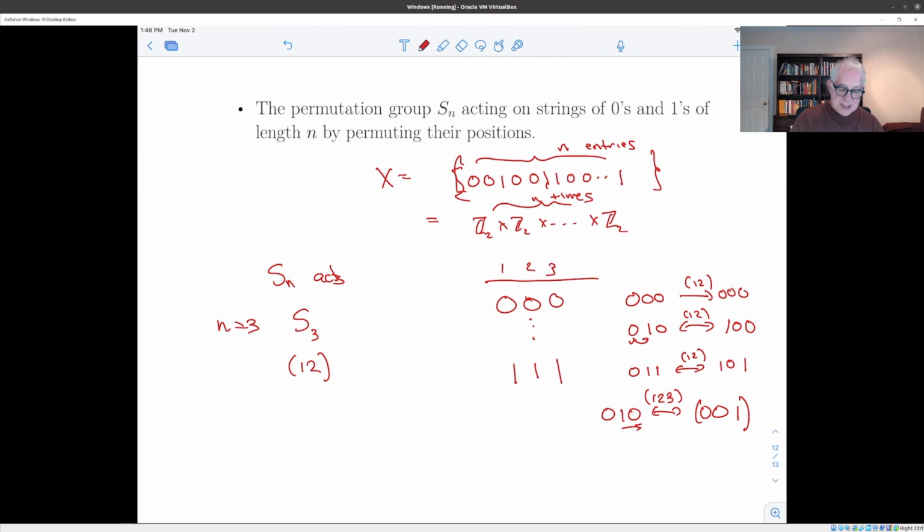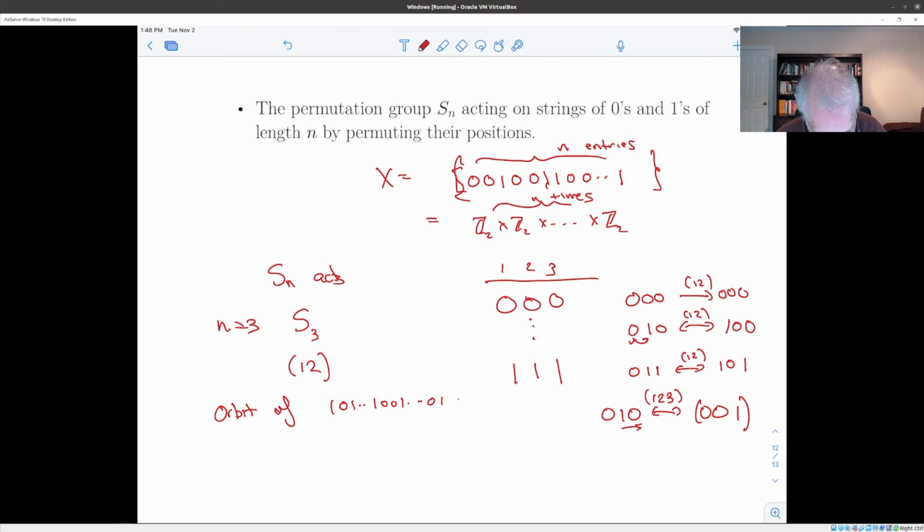What are the orbits? Well, if I give you an arbitrary sequence, let's say it's 1, 0, 1, 1, 0, 0, 1, 0, 0, 1, I can always find a permutation which moves all the zeros to the beginning and all the ones to the end.